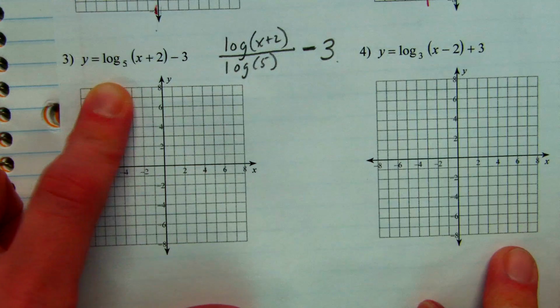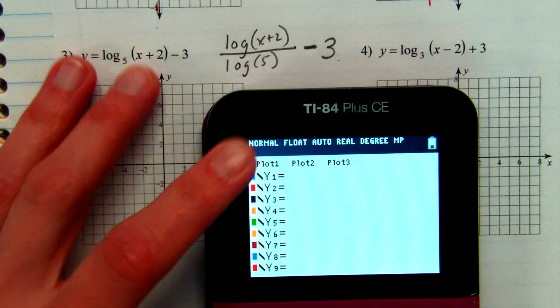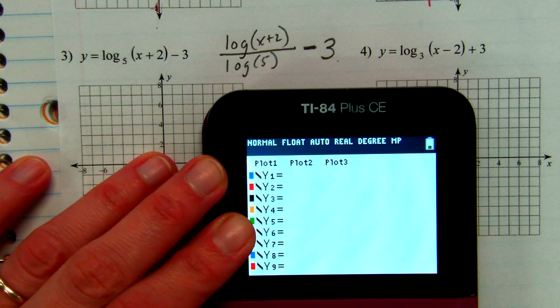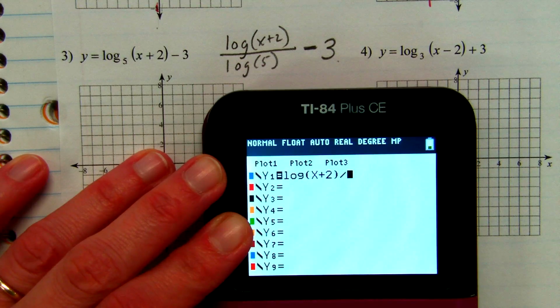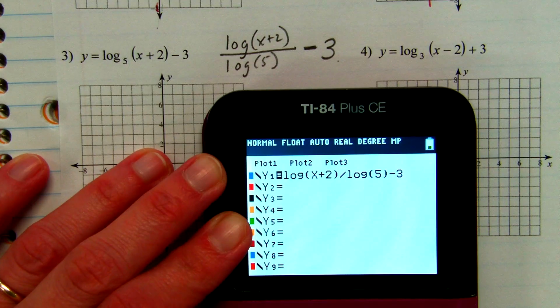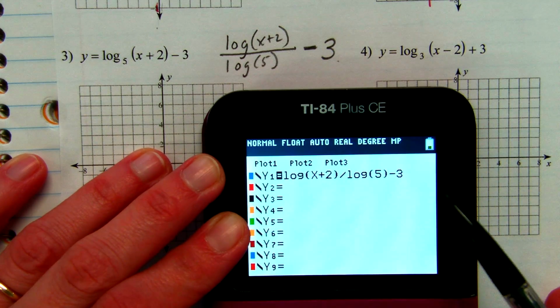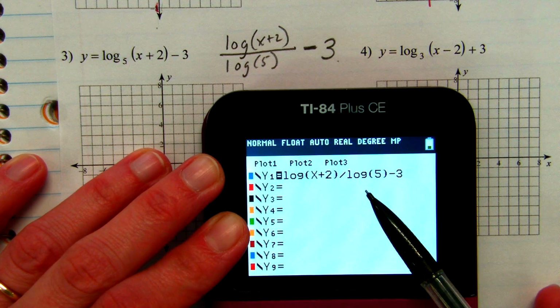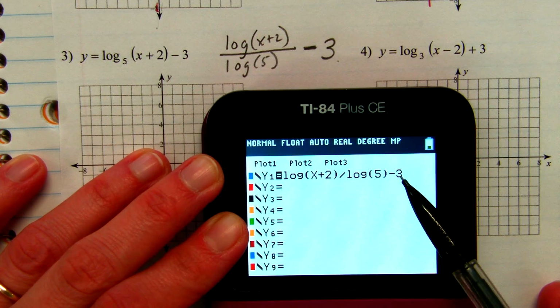So this is what it'll look like when we type it into our y1 line. We will have log x plus 2 divided by log of 5, and then we'll put a -3 on the end. So it'll look like this. Here's our fraction. You don't have to put parentheses around it. You could put parentheses around the whole fraction, but it's going to assume, because this is not in parentheses, that it's separate.